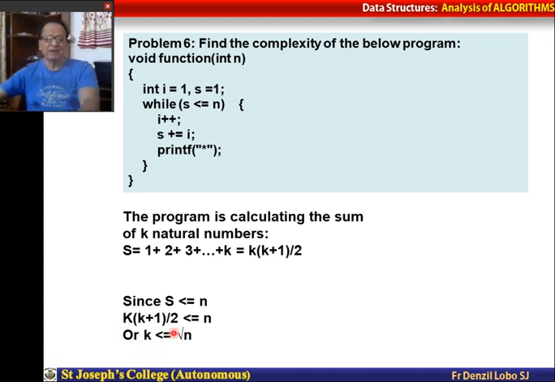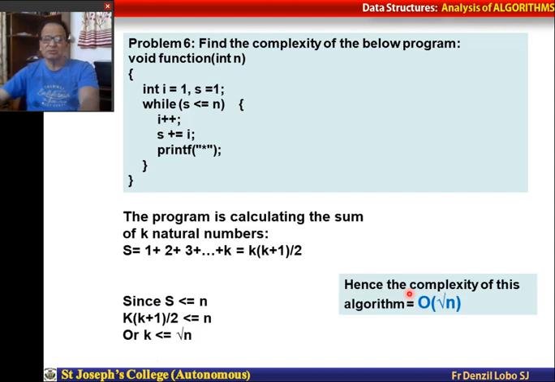So you simplify it, because k squared is there. So k is less than or equal to the square root of n. So k is square root of n. That is going to be the complexity of this algorithm, of the order of square root of n.